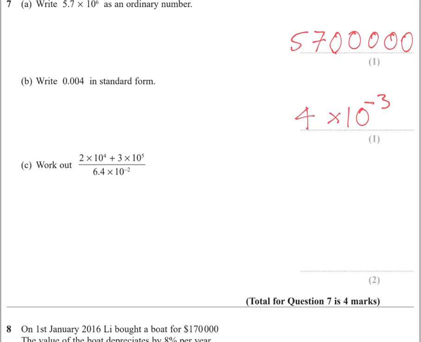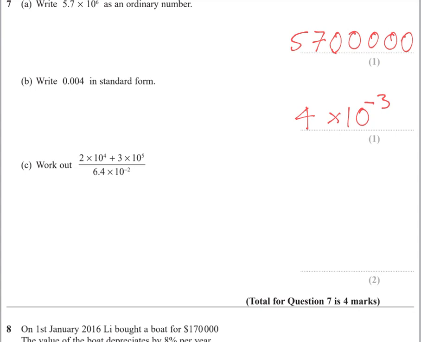Okay, and then finally work out this one. So literally it's as simple as typing this in your calculator. It's not really. To the power 4 plus 3 times 10 to the power 5.